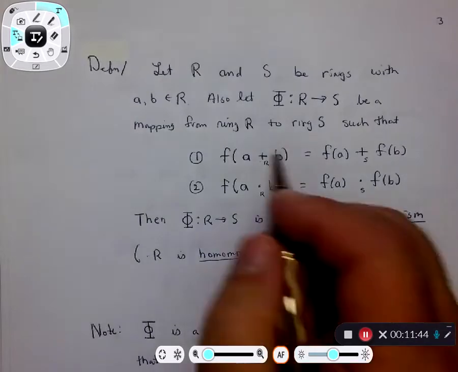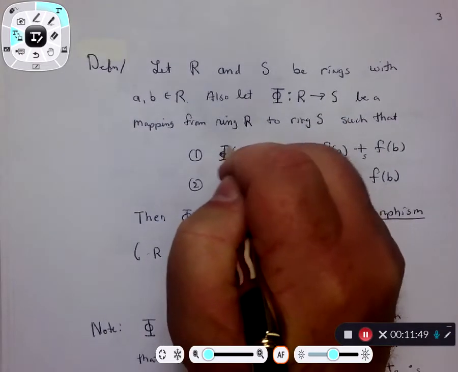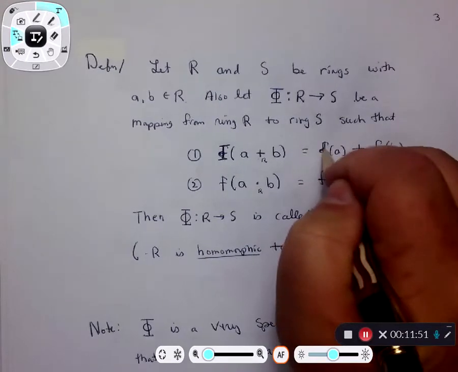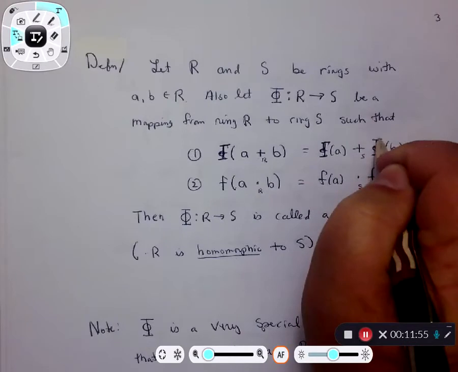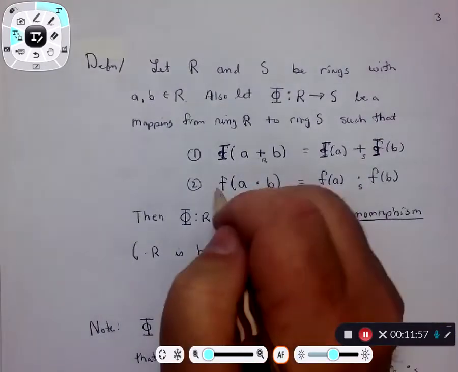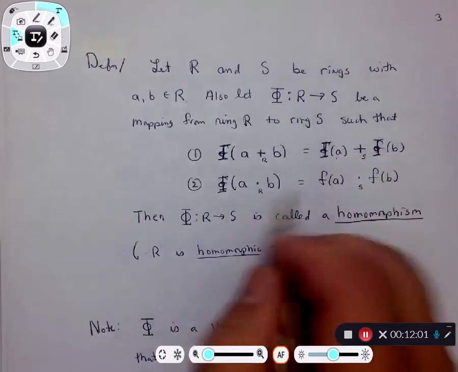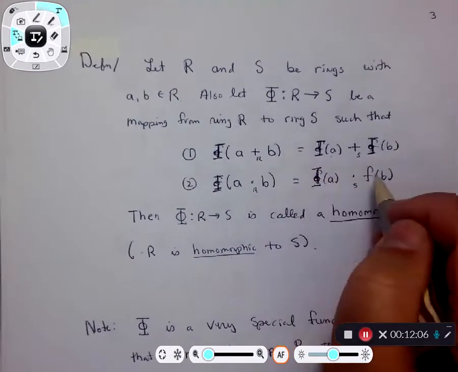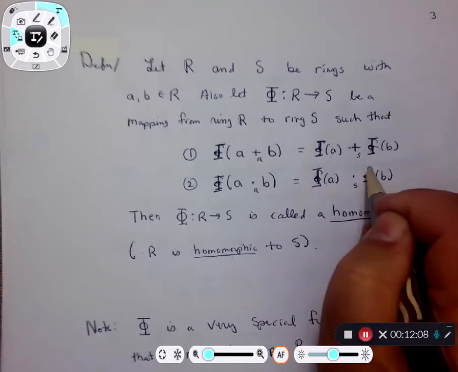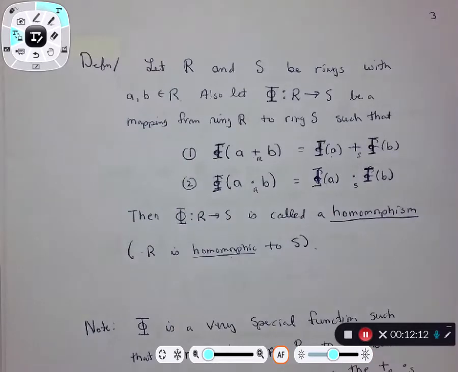So I put f here, which is the way the textbook does it, but these are really special. They're not your standard functions. So what's the Greek letter for f? It is phi. So we're talking about phi of a plus b is equal to phi of a plus phi of b, and phi of a times b is equal to phi of a times phi of b. This is a classic notation to emphasize that we'll put a Greek letter on this.